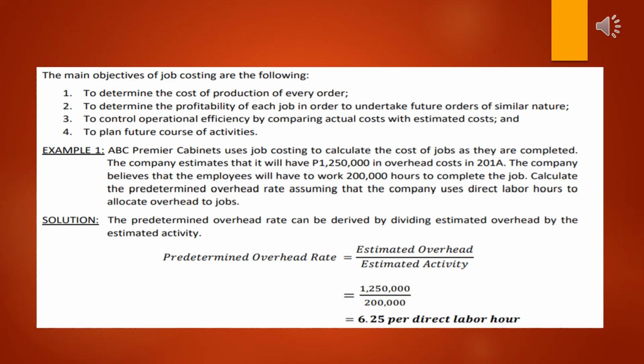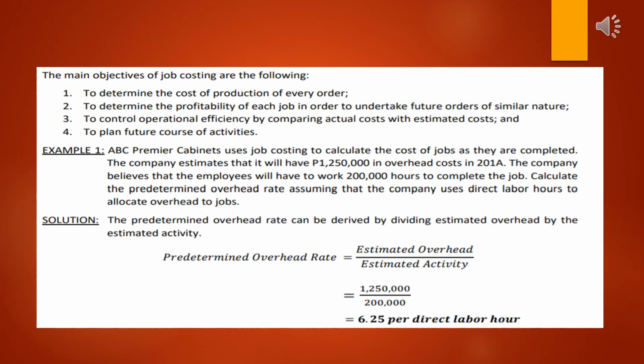Therefore, our formula for getting the predetermined overhead rate is estimated overhead divided by estimated activity. Here, our estimated overhead is 1,250,000 and our estimated activity, which is based on the direct labor hours according to the problem, is 200,000 hours. Therefore, our predetermined overhead rate is 6.25.